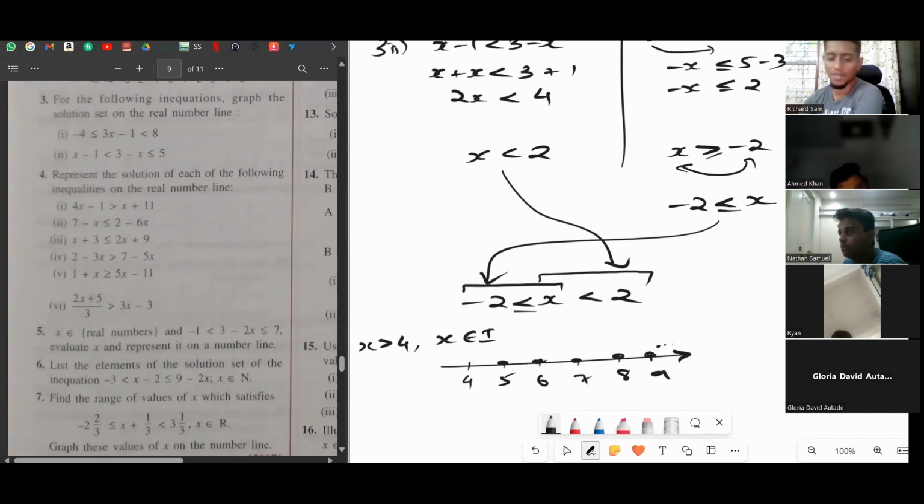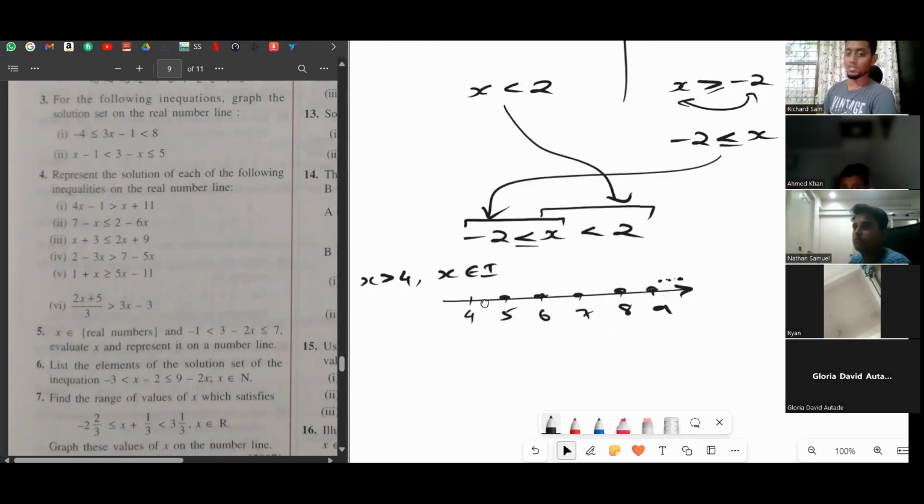So greater than 4 means 5 onwards. You mark each number 5, 6, 7, 8, 9, and it goes till infinity. So you can just put 3 dots here. That means it's going till infinity. Correct? This is how you mark integers.